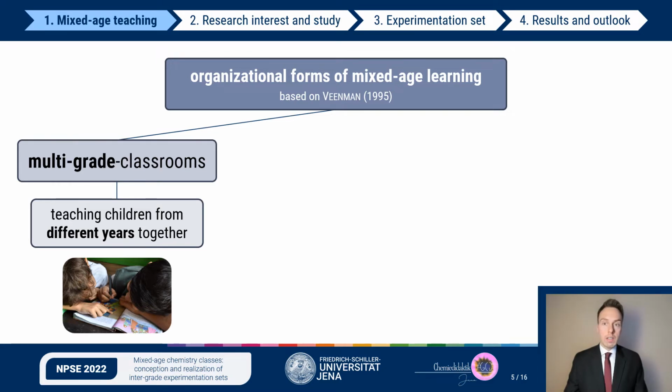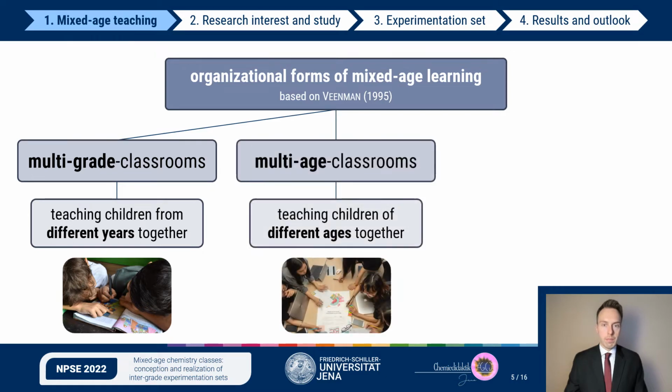According to Kuhl et al., the establishment of these classrooms is essentially based on organizational considerations. Multi-age classrooms, on the other hand, are set up for pedagogical reasons, with a view to promoting individualized learning processes. They summarize the learning of children of different ages.